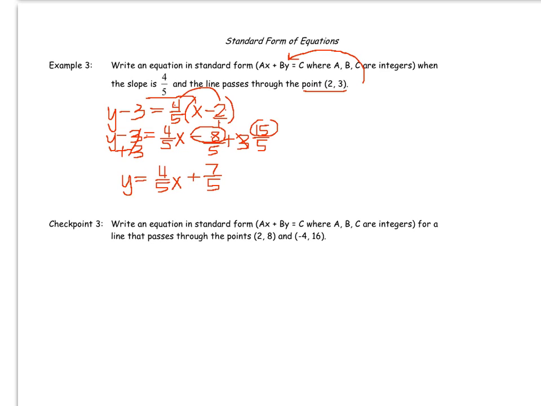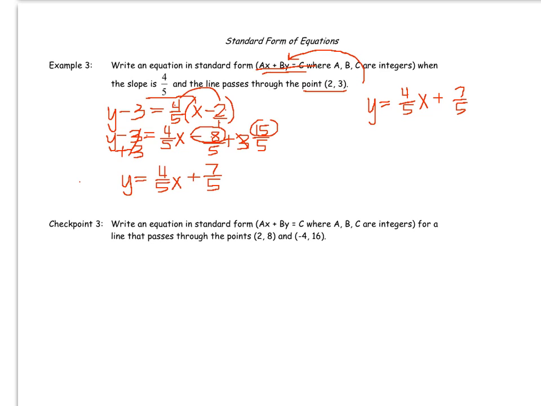Now, here's what happens. We don't want fractions. We also know that we want x on the other side so that we can be in standard form. So I'm going to rewrite this one up here: y equals 4/5 x plus 7/5. And we're going to take the idea of clearing our fractions like we did in section 1-3. If we don't want to see fractions anymore, we have to find a common denominator.